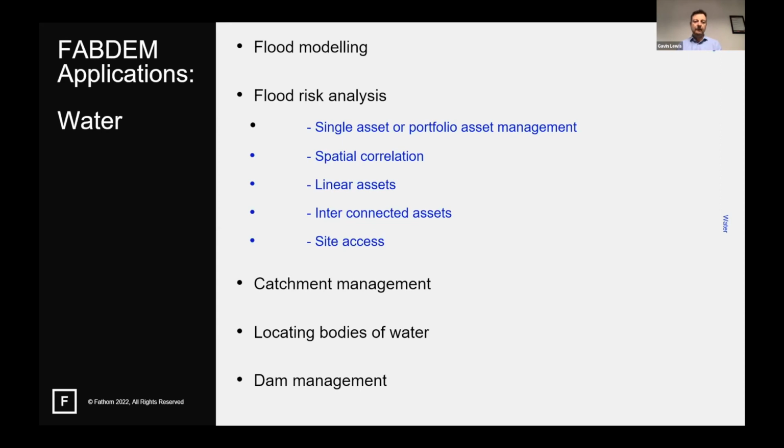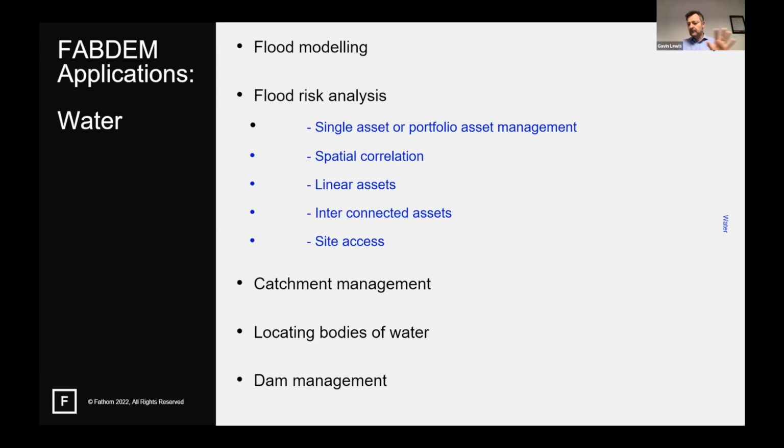So looking at catchment management, how do you define and delineate catchments, potentially locating bodies of water, and also things like locating dams, looking at the height of dams, looking at the terrain around the dams and potentially the water level, and calculating volumes of water retained by dams. So that's one area that our data can be used in.